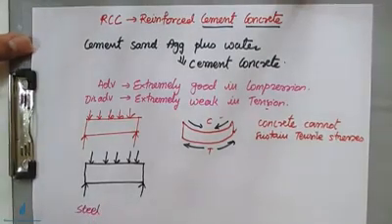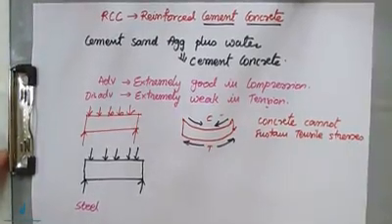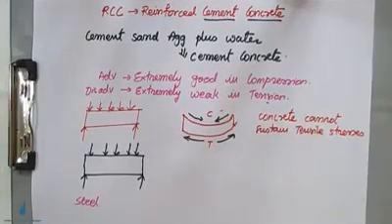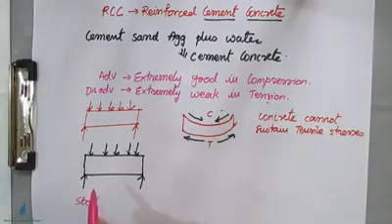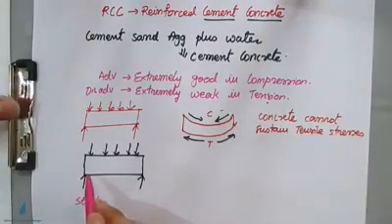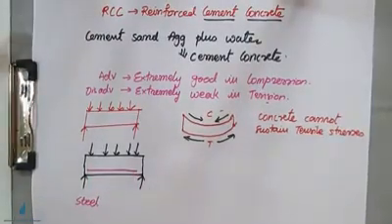Steel is very good in tension. It is a ductile material. You might also have studied this in your MT lab. Steel is a ductile material and it is very good at taking tension. So what I will do now is, in this simple plain cement concrete beam, put a steel rod in the tension zone like this.